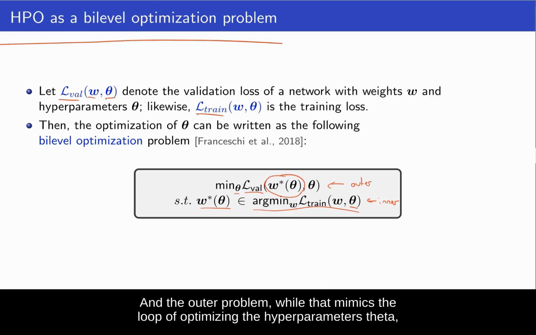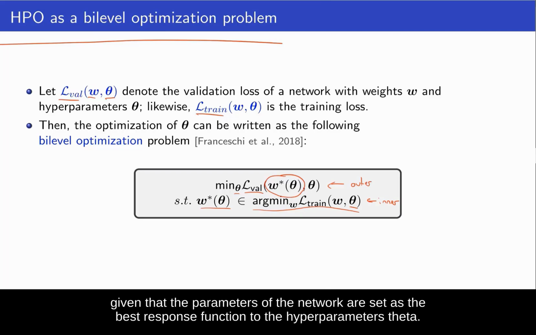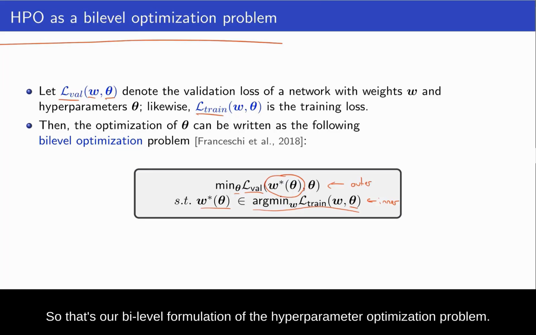And the outer problem mimics the loop of optimizing the hyperparameters theta, given that the parameters of the network are set as a best response function to the hyperparameters theta. So that's our bilevel formulation of the hyperparameter optimization problem.